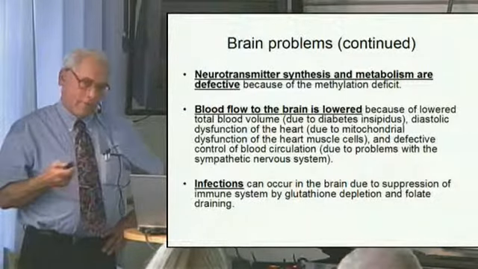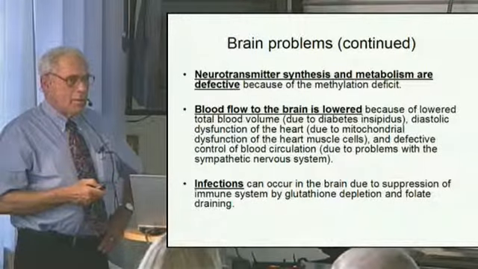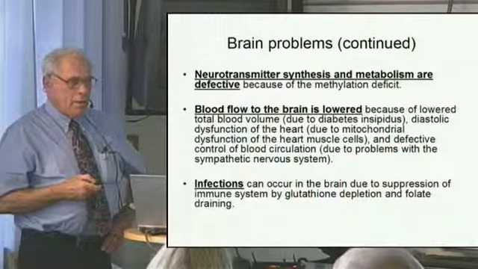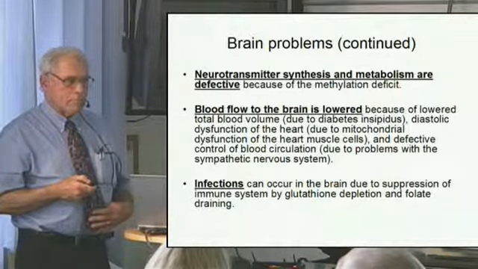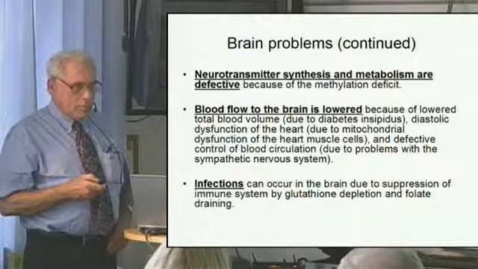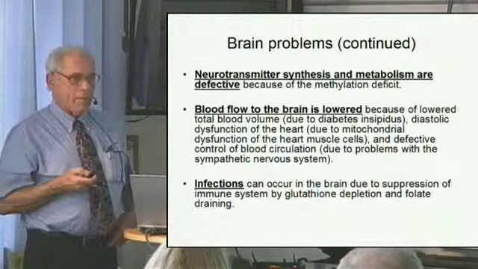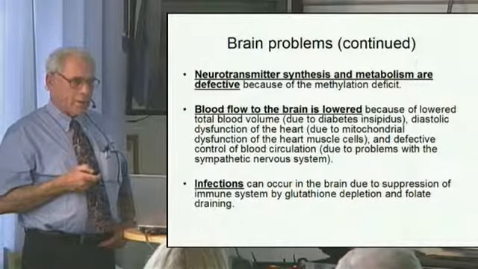So things like viruses are difficult to combat. The defective control of blood circulation can also be due to low functioning mitochondria. Because they don't have enough energy to regulate blood flow, and then you will get ischemic pain. Could be one thing within fibromyalgia. Okay, makes sense to me.